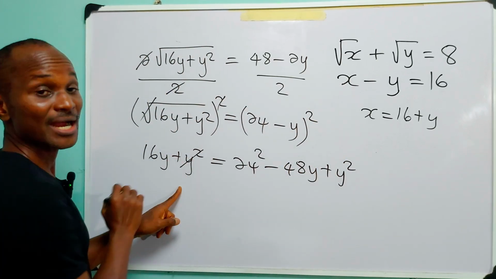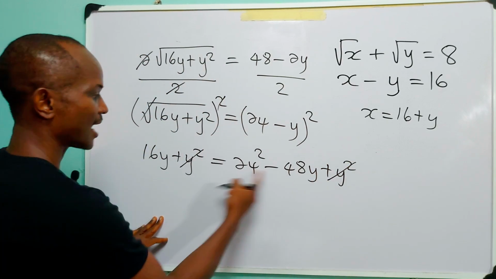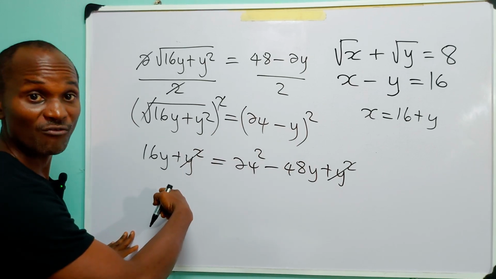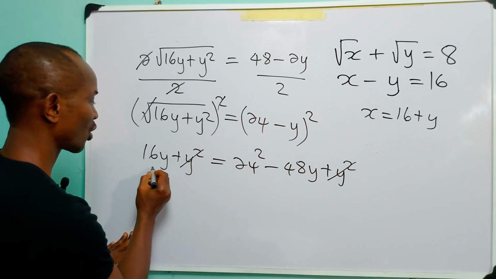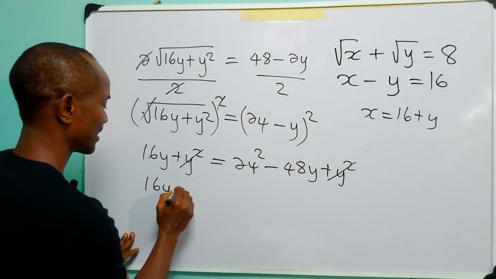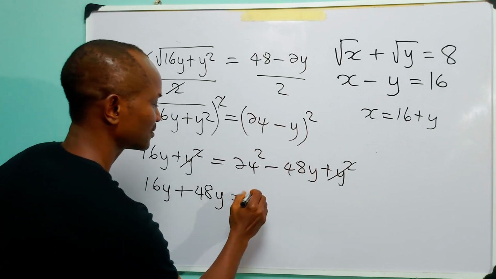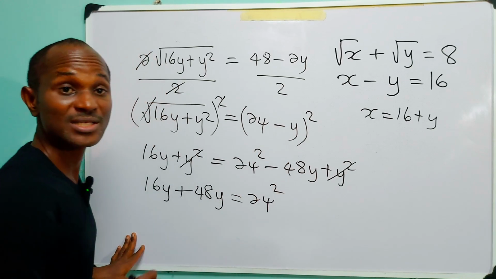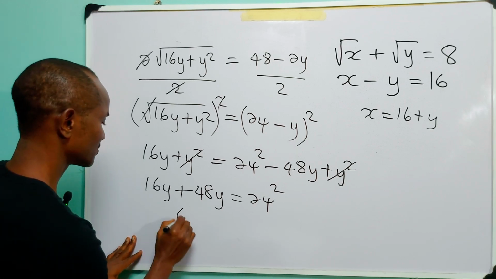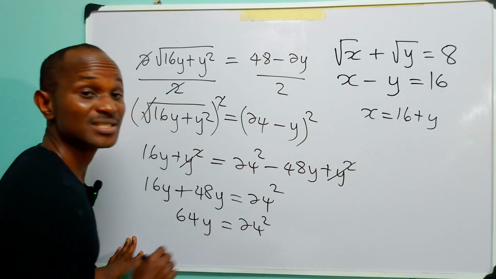You can see that we have y squared here and we have y squared there, so they take care of themselves. We can also bring minus 48y over to the left-hand side of the equation to collect like terms, because you can see that we have 16y here and we have plus 48y, and this is equal to 24 squared. 16y plus 48y is equal to 64y, and this is equal to 24 squared.